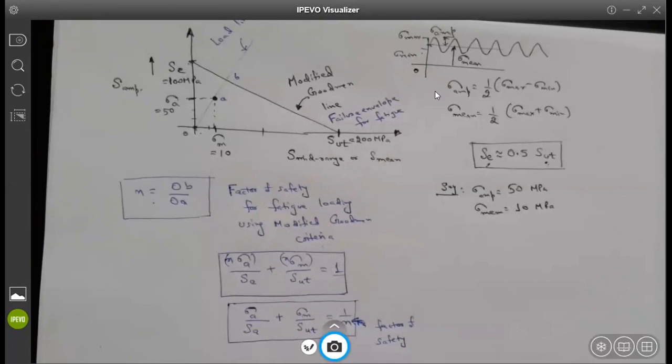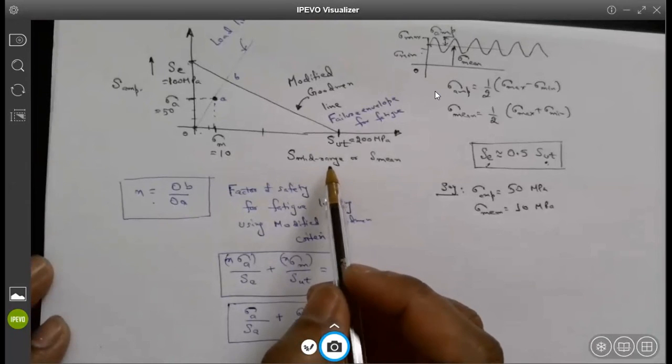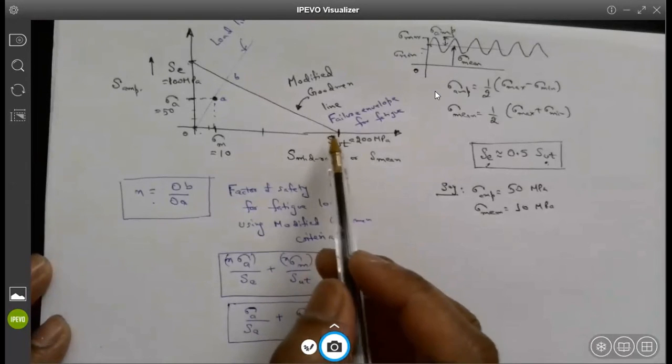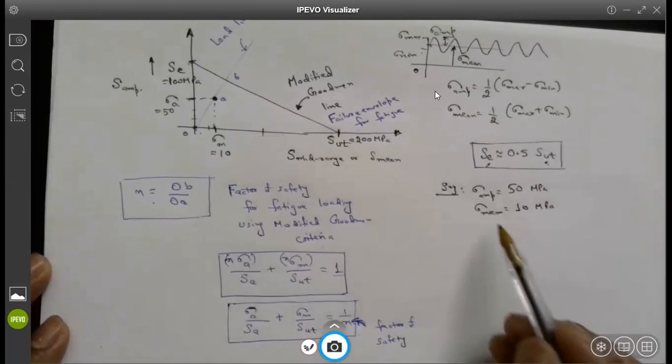Okay. So if there are no questions, then let me come to the second part of the first question, which asks how many cycles to failure happen in this scenario where we know that the mean is not 0.